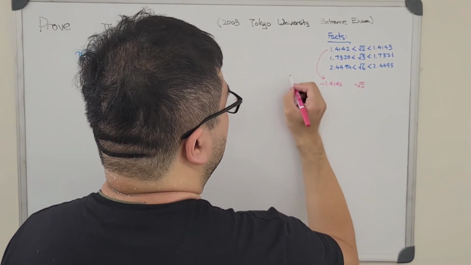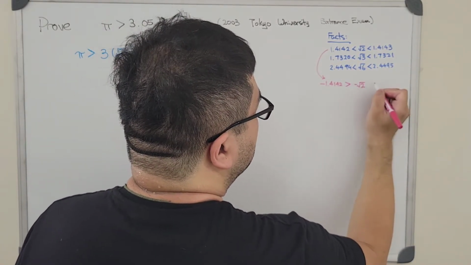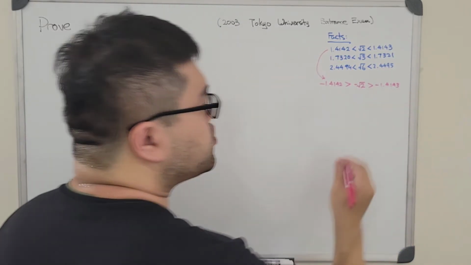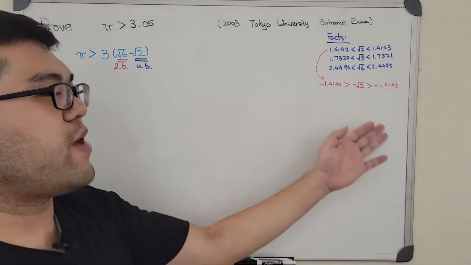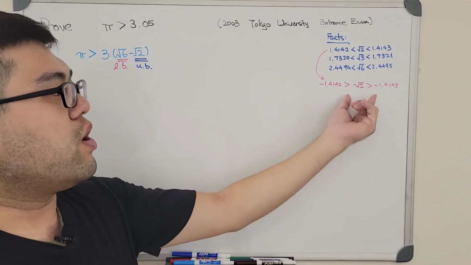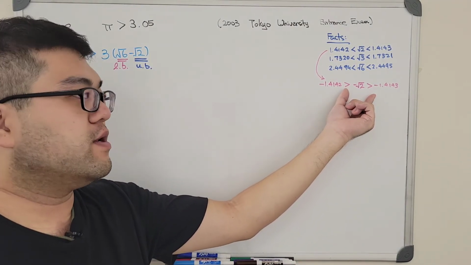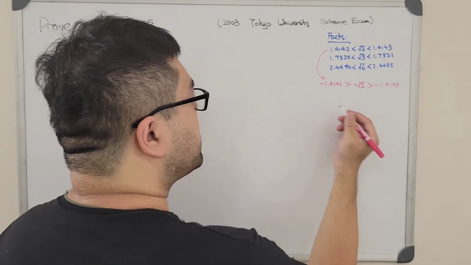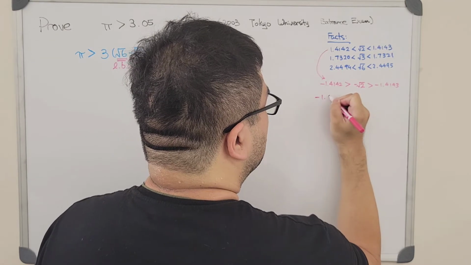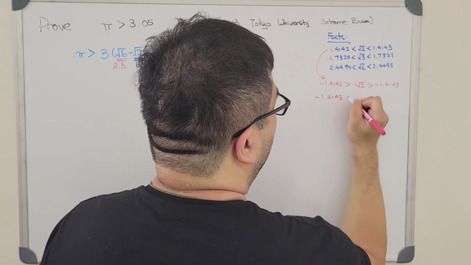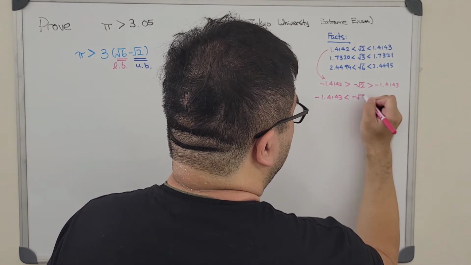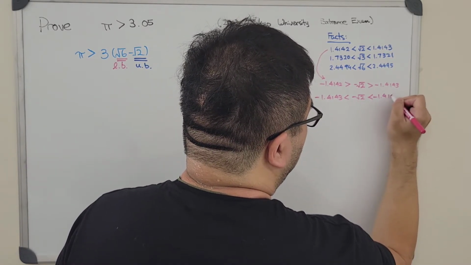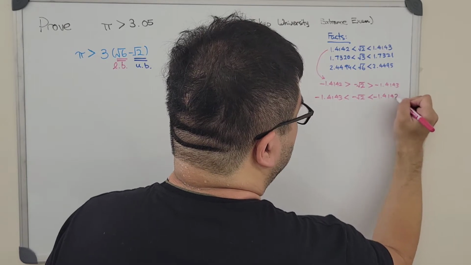So here is a scratch work. Now again, since we're multiplying everything by a negative value, we also need to flip the inequality sign. So if we rearrange it, we see that we have the following. It is less than this, which is less than negative 1.4142.